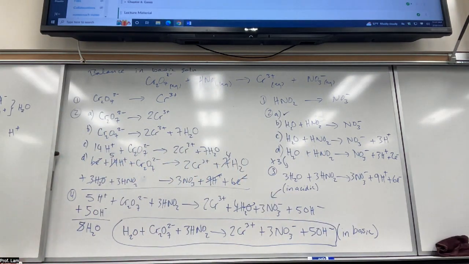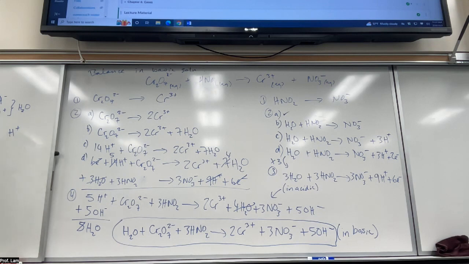Let's check. How many chromiums on each side? Let's count. Yep. How many oxygens on each side? How many oxygens total on the left side? 14.